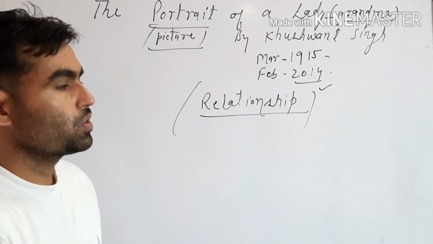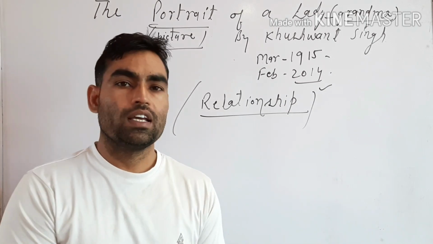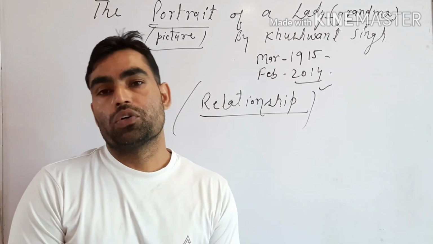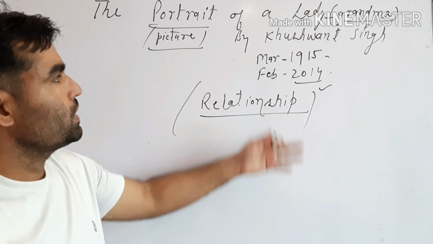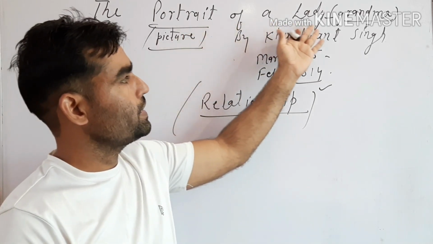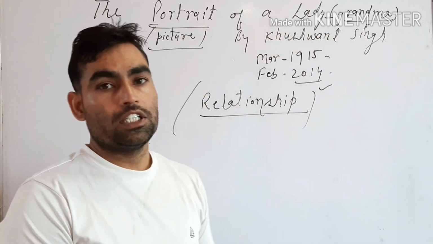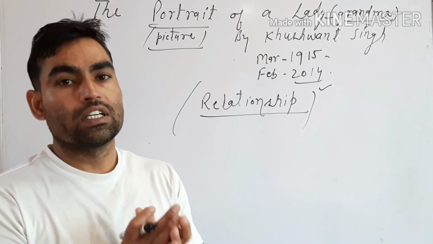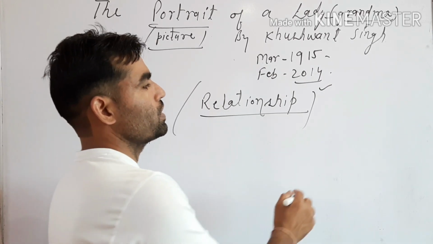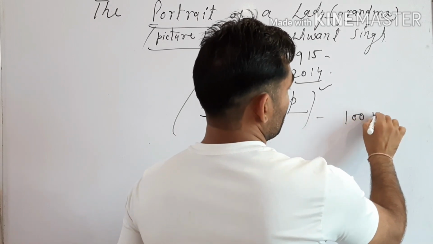Now let's discuss what happens in this story. As you see from the title, the lady is the grandma, and in this chapter we have a picture of the grandma who is about 100 years or more than 100 years old.